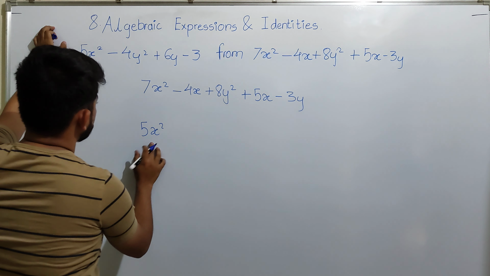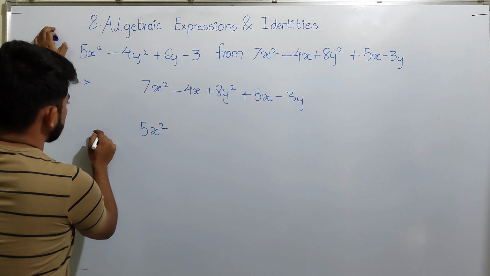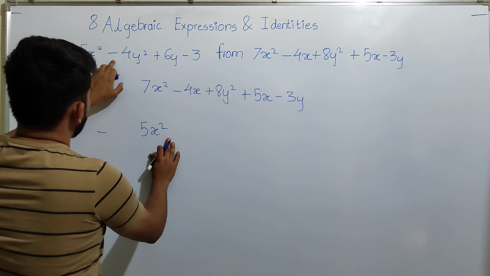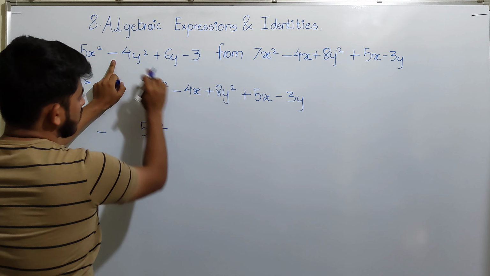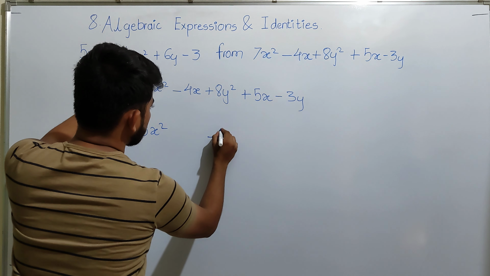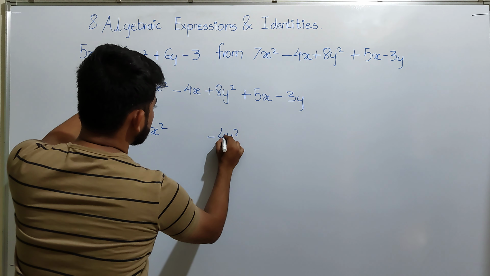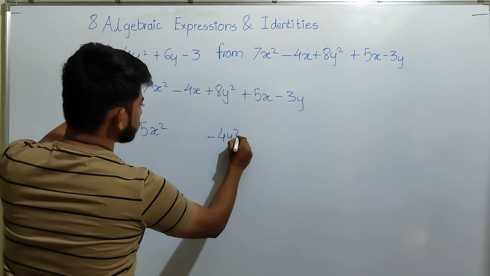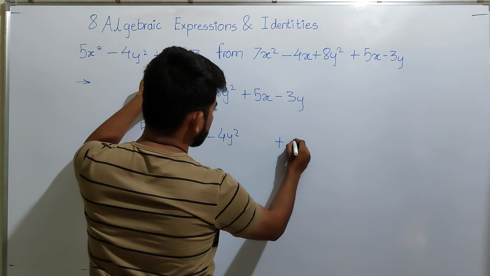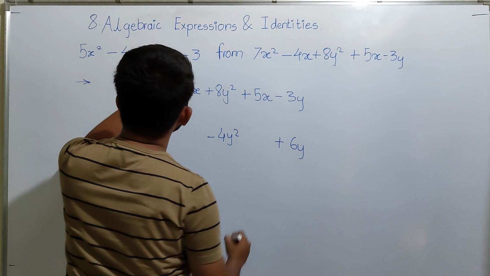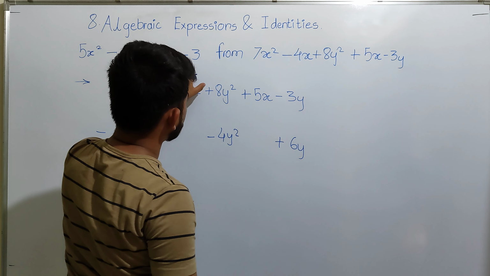So I'll write this equation: 5x square, already it is minus. Do we see any 4y square? Yes, we have 4y square plus 6y minus 3.